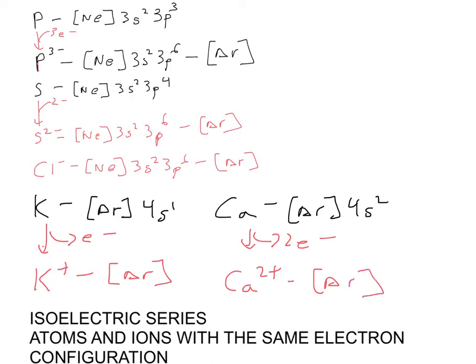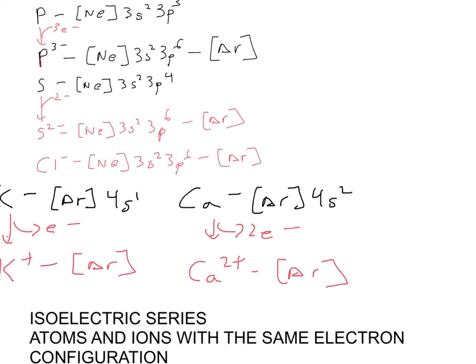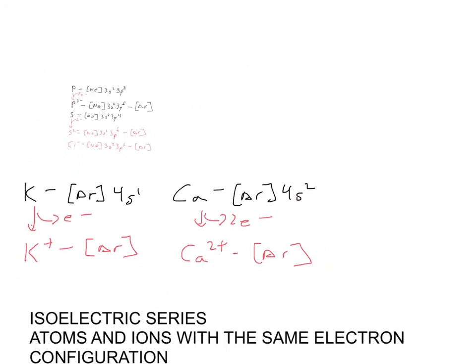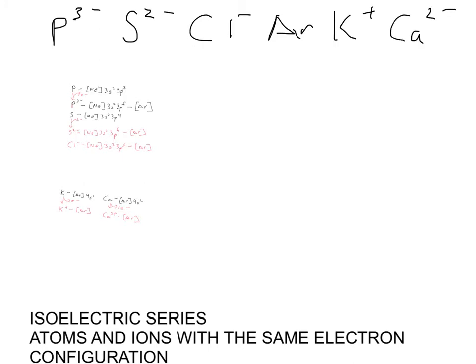So that means that the phosphide ion, the sulfide ion, the chloride ion, argon, the potassium ion, and the calcium ion all have the exact same electron configuration.